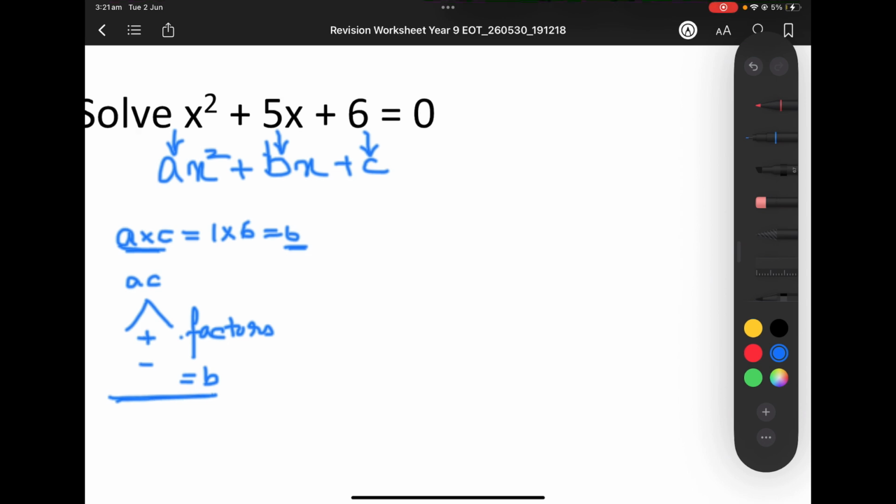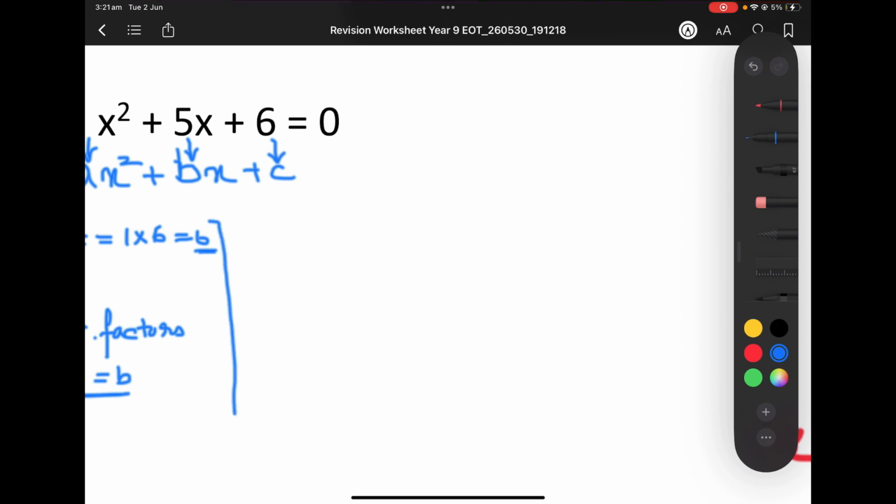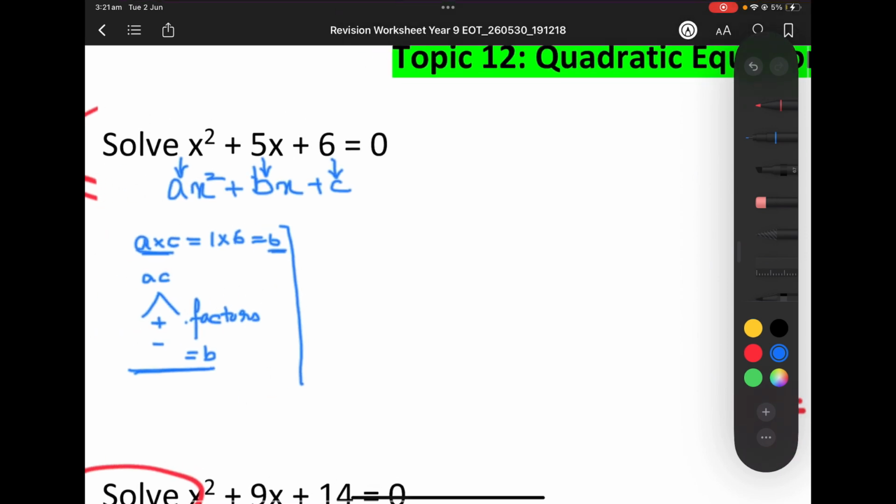So let's apply all of these steps that we have studied. First I have to do a times c. My a is 1 and my c is 6. In the rough column I can do it: 1 times 6 is equal to 6, and I have to find the factors of 6 such that when I add them or subtract them, that is equal to b. b is 5.